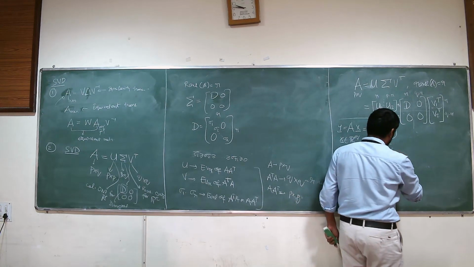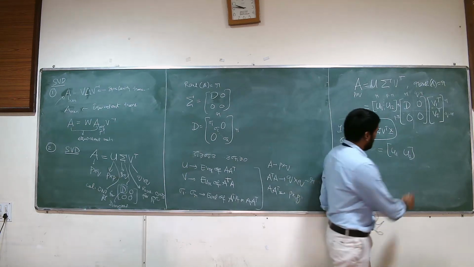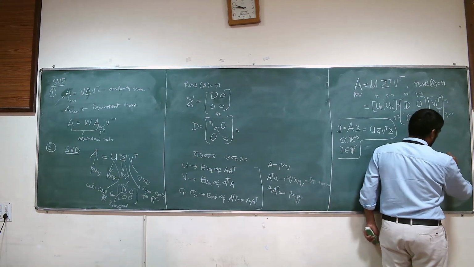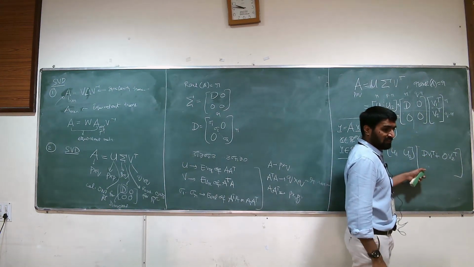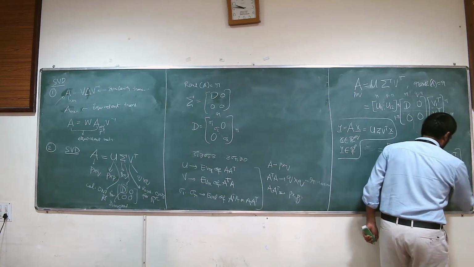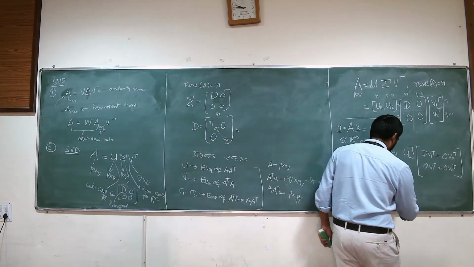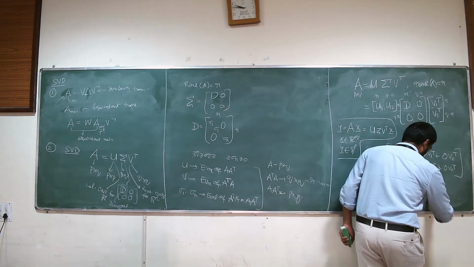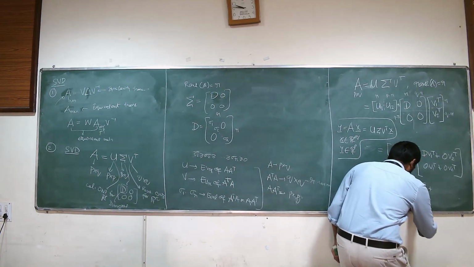Let's keep the first one, U1, the same. Let's keep the 0 as well. What about the bottom? Will you have another one here? If you multiply this out, you'll get U1 D, and then U1 0 U1 transpose U2 0.